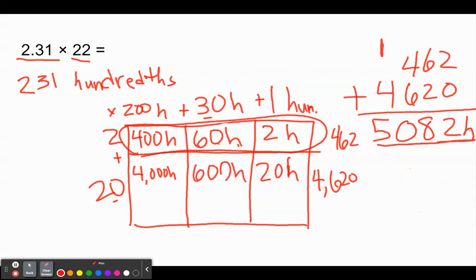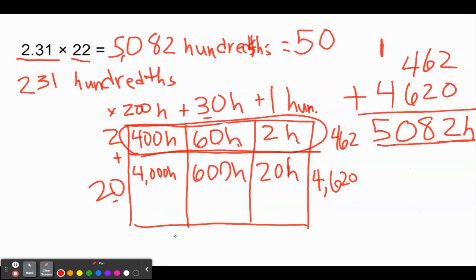So this is what I would have. Now, if I were to change this into standard form, I have 50.82, or 50 and 82 hundredths. Okay?